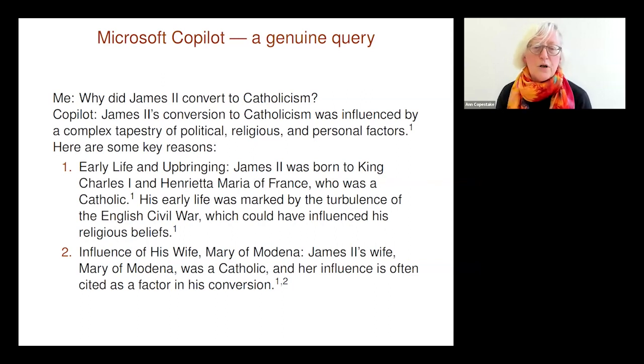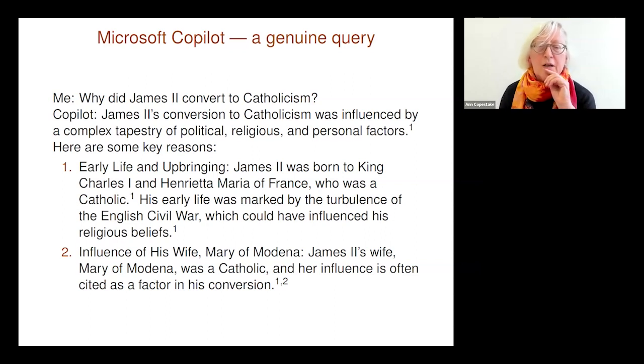I was reading a book about the history of the Stuarts, the family of monarchs of England and Scotland, and Wales too. And I was asking a question that wasn't answered by the book I was reading.